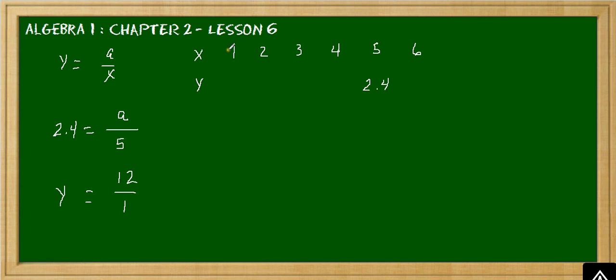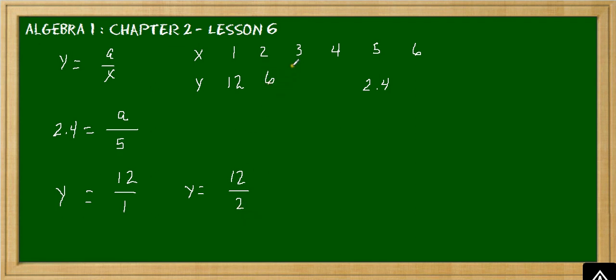We're just plugging in the x value, and 12 divided by 1 is 12. So the y value here is 12. Let's do the next one. y is equal to 12 divided by the next x value, 2. That's equal to 6.